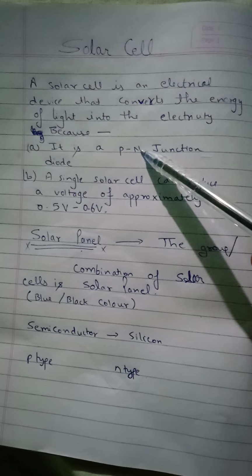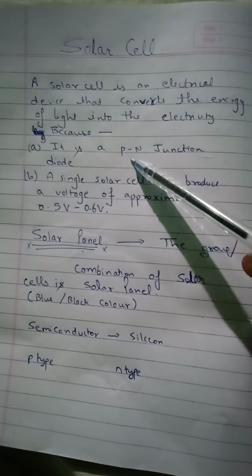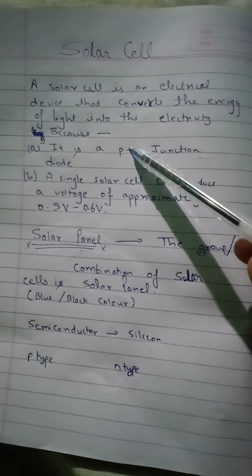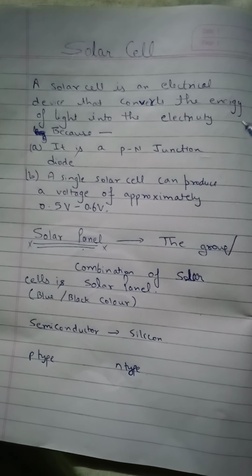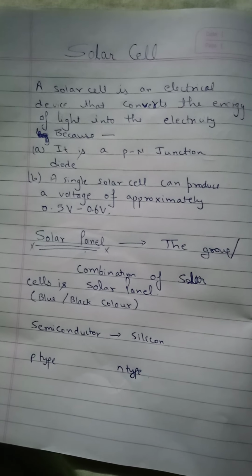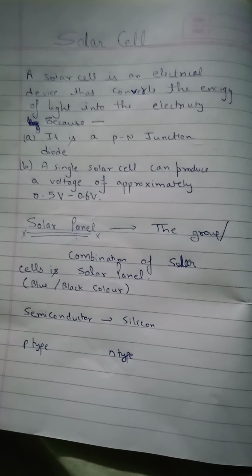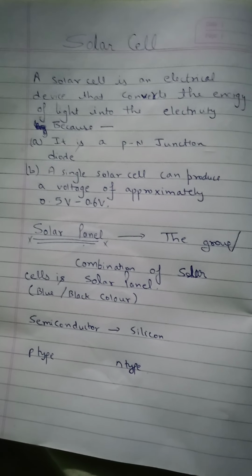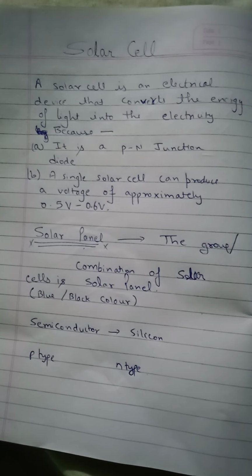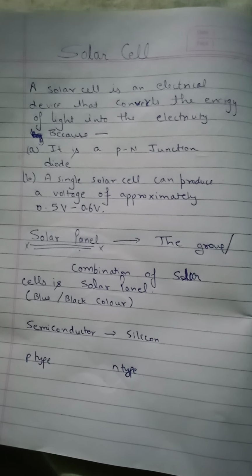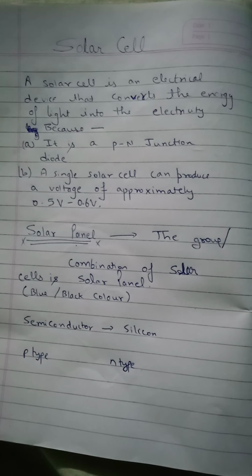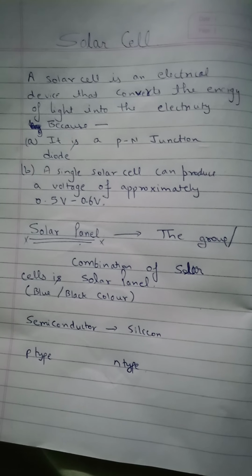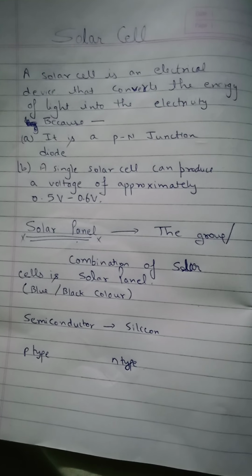So whenever light falls on the cell, the light contains photons which pass through the N type and fall on the energy gap, and at the energy gap the photons create energy, and due to vibrations or forms of energy, electrons move and holes also move, and they take the place of each other. So it's the working of a solar cell.